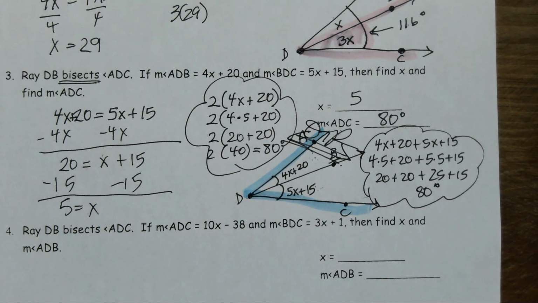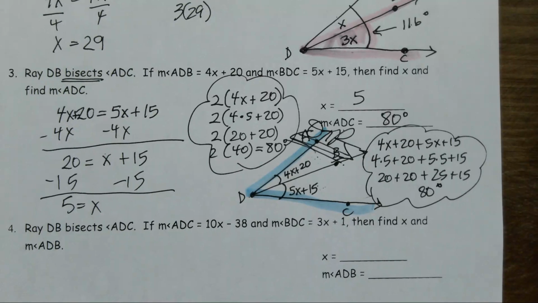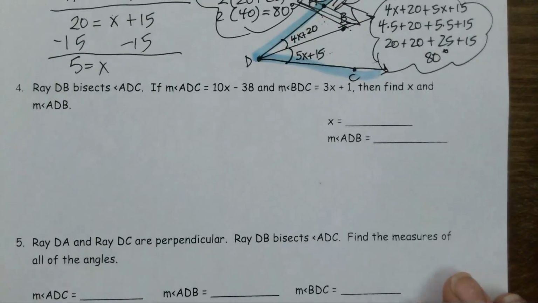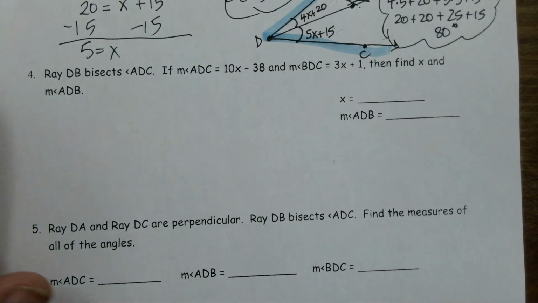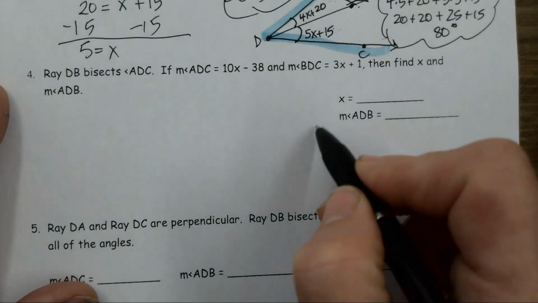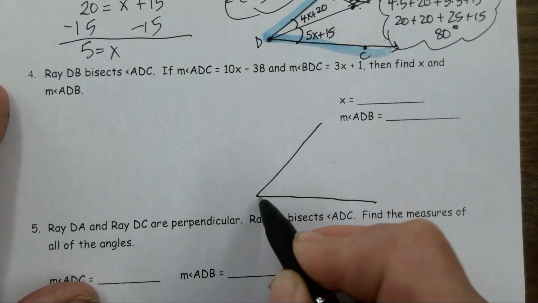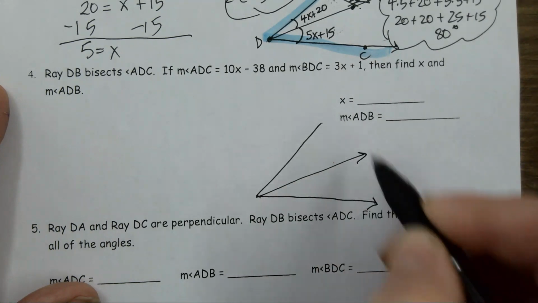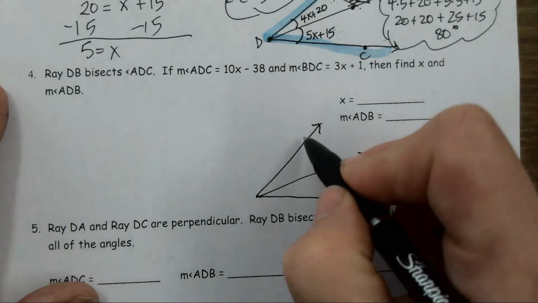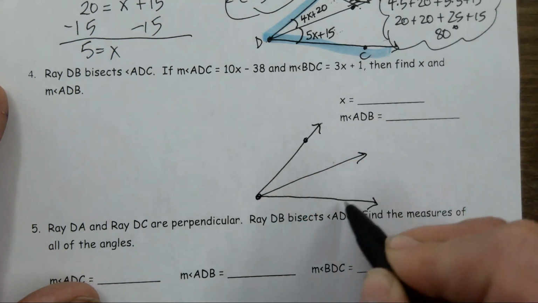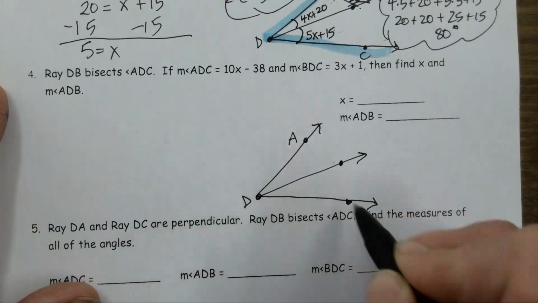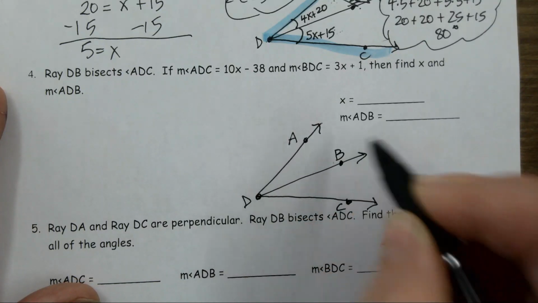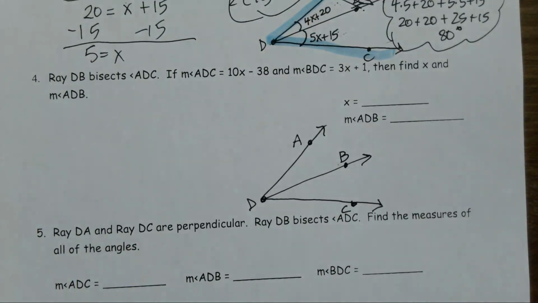All right, I'm going to draw that picture again. Got 2 more examples we're going to do, and then I'm going to let you try on your own. So I'm going to draw that picture one more time. Put my letters in the appropriate spot. Once I get my picture drawn, then I'll start filling in the information.